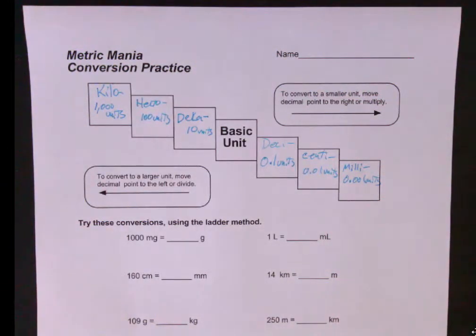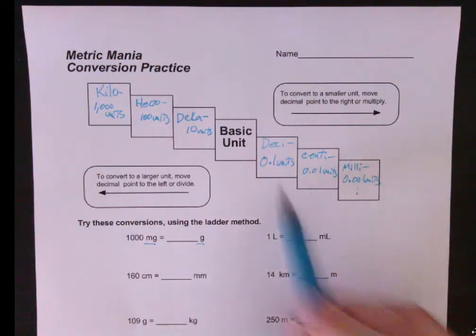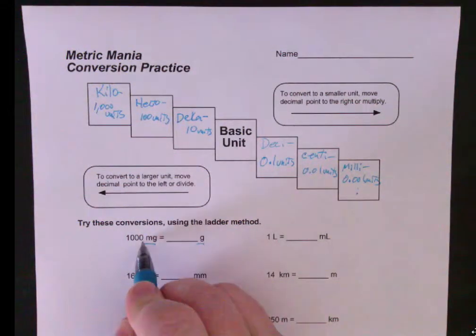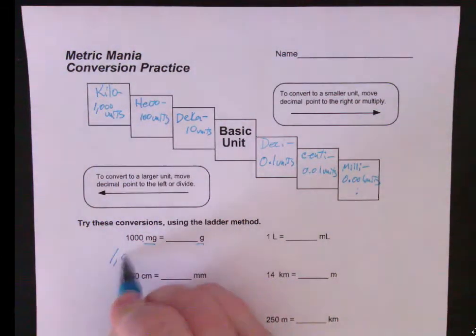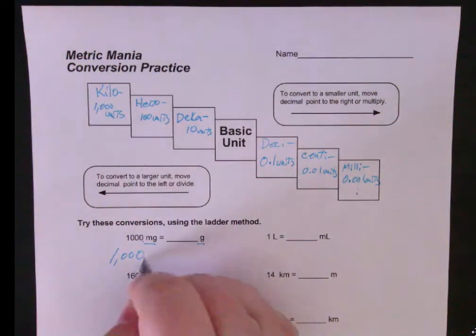So now if we look at converting these down here, if we want to go from milligram to gram, we start here at milli. We're going to go over 1, 2, 3 decimal places. So if we move this number, we start with 1,000, and we move it over 3 decimal places.